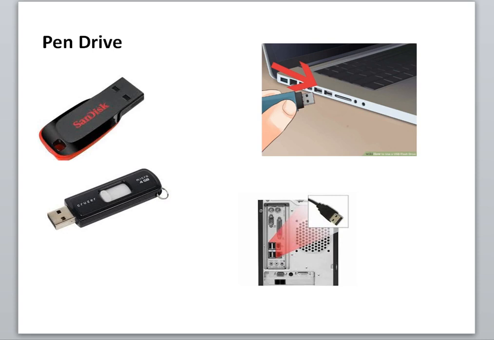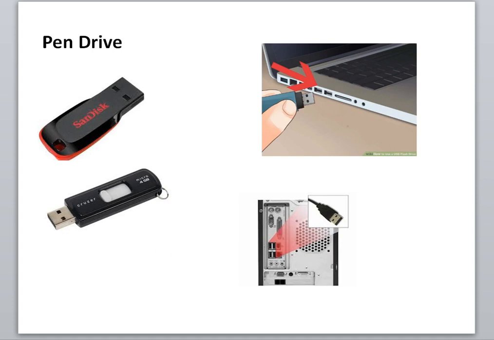It is used to copy data from one computer to another computer, and it is so small and removable that you can remove it and connect it again. Now see here where you can connect this pen drive. See this USB slot here on the laptop. Here you can connect this pen drive, or if you want to connect to a CPU, then at the back of the CPU there is a USB slot where you can connect a pen drive.